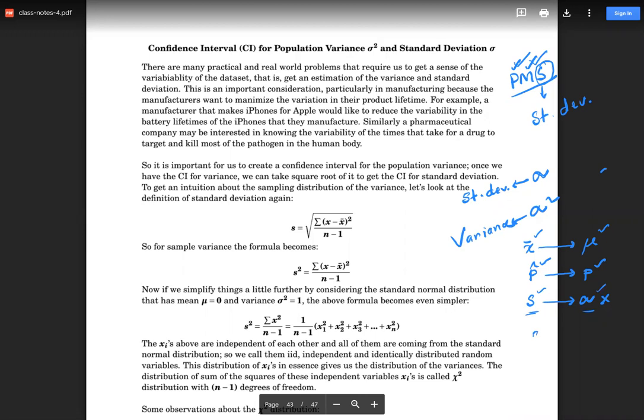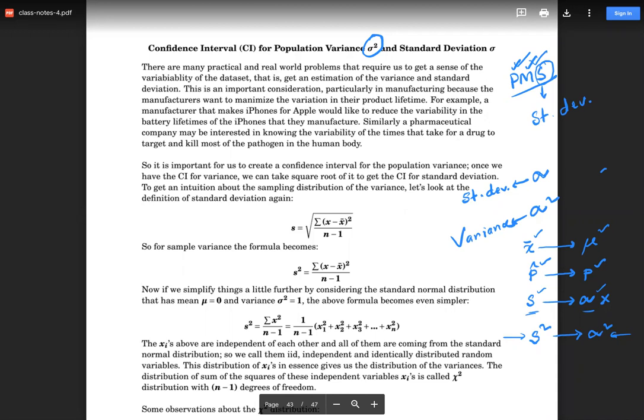However, S square, which is the variance of the sample, is an unbiased estimator of sigma square, which is the variance of the population. This is an unbiased estimator of this variance. So that's what we are going to do: create the confidence interval for population variance, and from that we'll take the square root and find the standard deviation confidence interval.